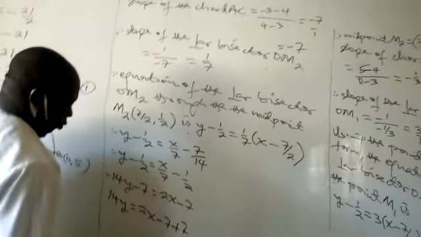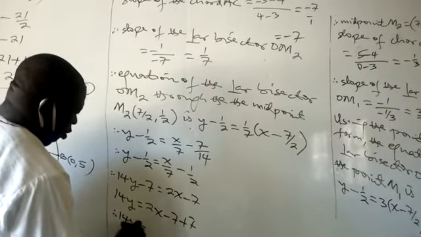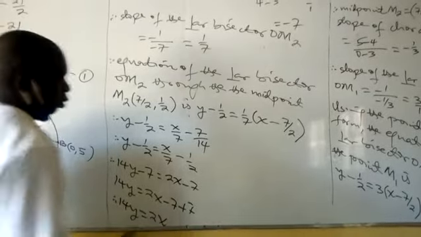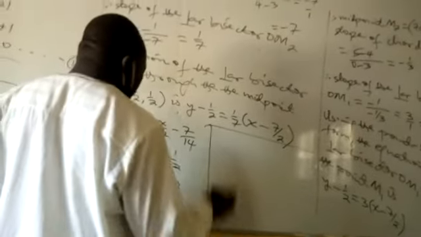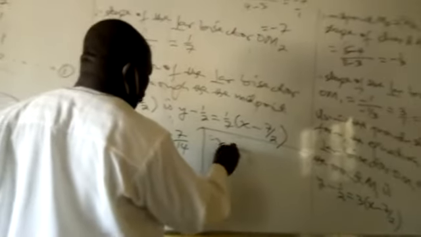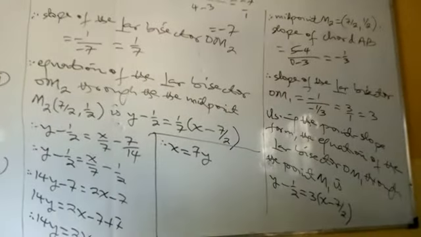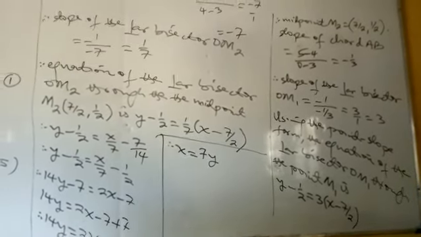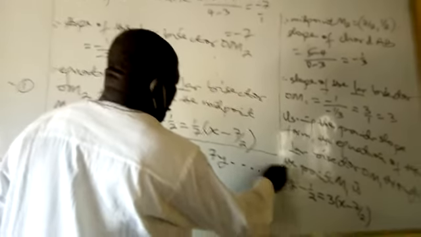So minus 7 cancels 7. I have 14y is equals to 2x. So I can make x the subject of the formula. Therefore, x is equals to 7y. I can call this equation 2.